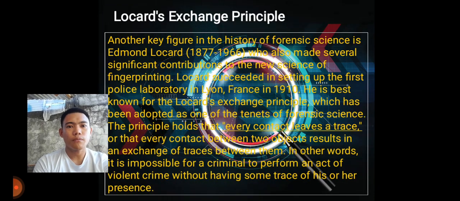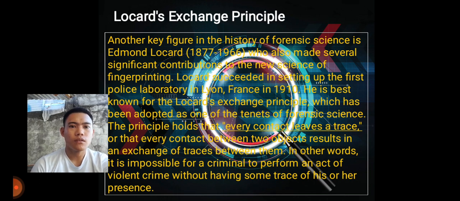Locard exchange principle. Another key figure in the history of forensic science is Edmond Locard, 1877 to 1966, who also made several significant contributions to the new science of fingerprinting. Locard succeeded in setting up the first police laboratory in Lyon, France in 1910.